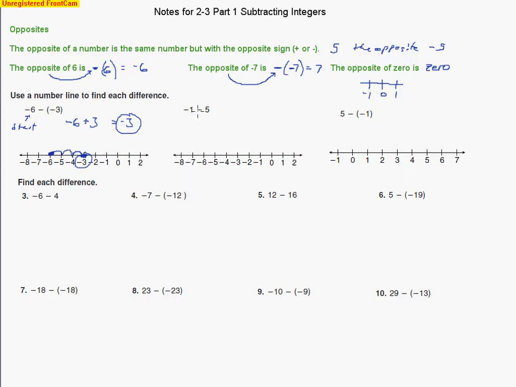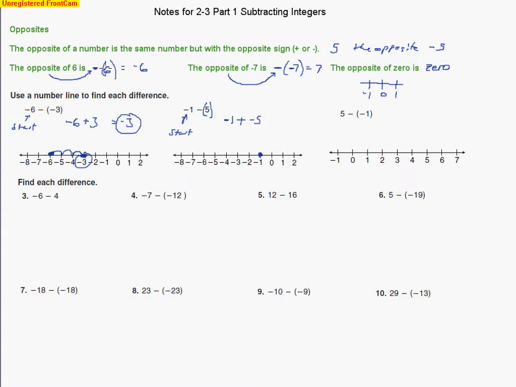Here we have -1 take away 5. Let's start at -1 because that's our starting point. So we go over to -1, put the dot there, and now this is take away 5, or the opposite of 5. What's the opposite of 5? That's the same thing as -1 plus -5.